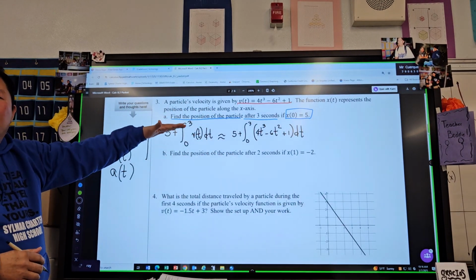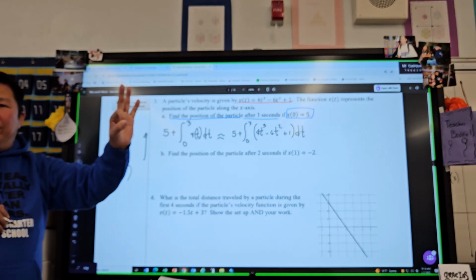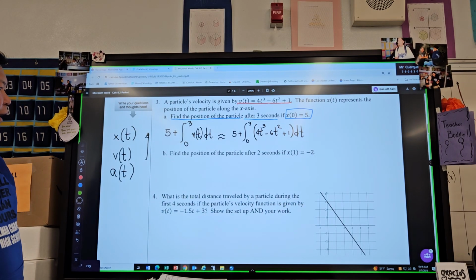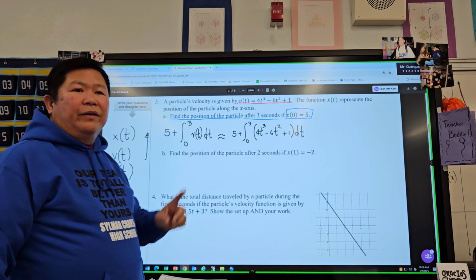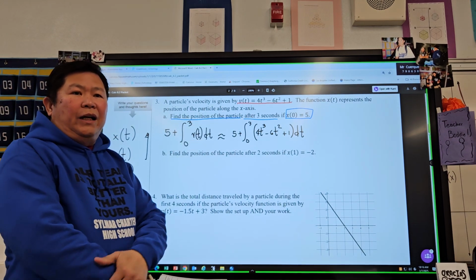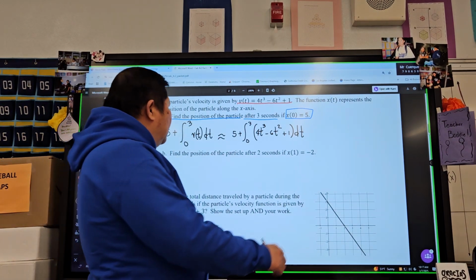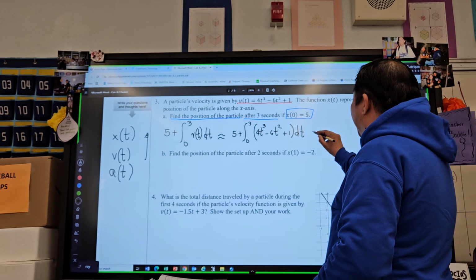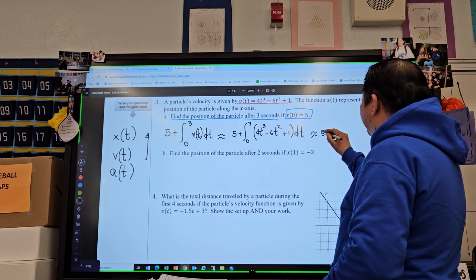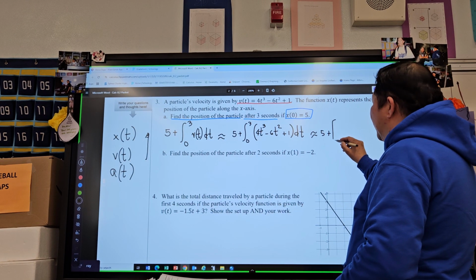You're going to show your work to earn how many points? 3 points. So take now the antiderivative. Can 4 be cancelled out? Yes.